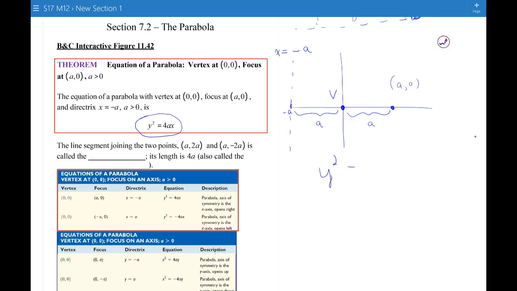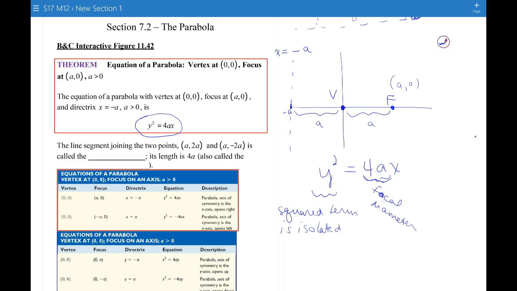The important things to notice here are that the squared term is isolated all by itself on one side, and that this quantity 4a is important. We're going to talk about it later, but I'll tell you now its name is the focal diameter. So 4a is called the focal diameter. a is the distance from vertex to focus and vertex to directrix in opposite directions.